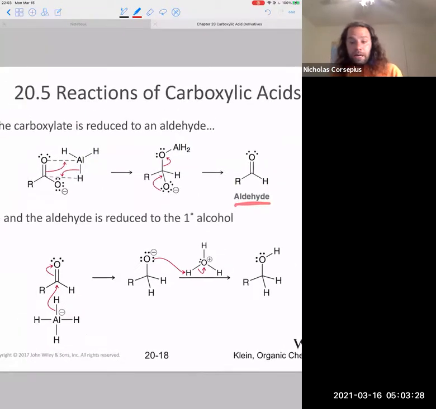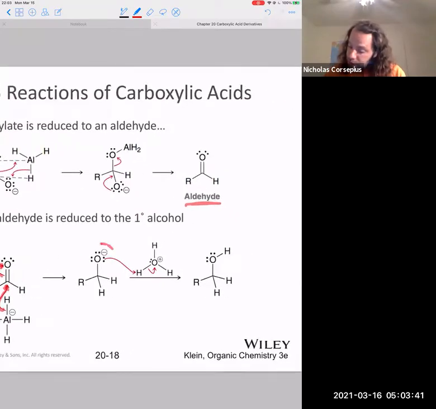Now that we have an aldehyde, we can have our normal old reaction mechanism where hydrogen acts as the nucleophile, carbonyl carbon is the electrophile, kicks that pair of electrons up. We're now stuck with this oxygen with the negative charge, so that has to be pulled from either water or an acidic source in order to generate our alcohol, okay?